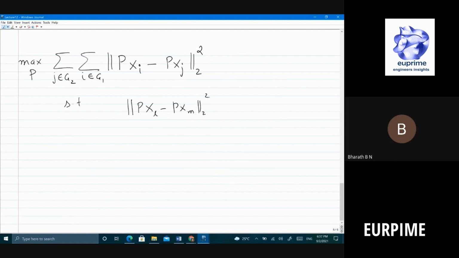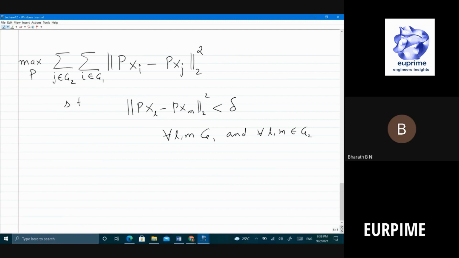This distance should be as small as possible, less than some delta. This should be true for all l, m belonging to C1, and for all l, m belonging to C2. That means if you pick l and m from one cluster, they should be very close to each other. If you pick l and m from the other cluster, they should be close to each other, but across clusters it should be as far as possible.